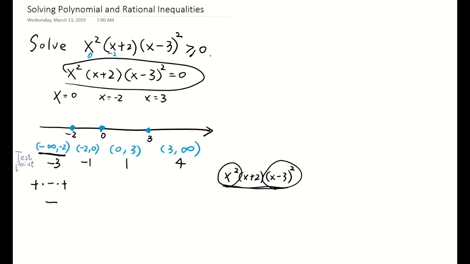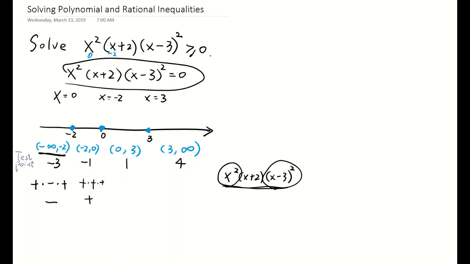I don't need the value. I just want to know if it's positive or negative. Now plug in negative 1. Negative 1 squared is positive, times negative 1 plus 2, positive, times (negative 1 minus 3) squared, positive. So overall, positive times positive times positive, positive.